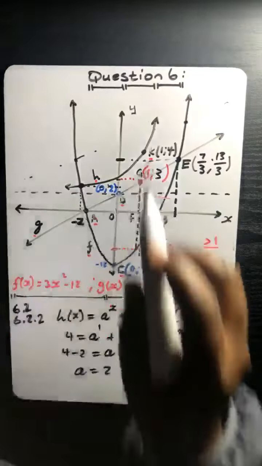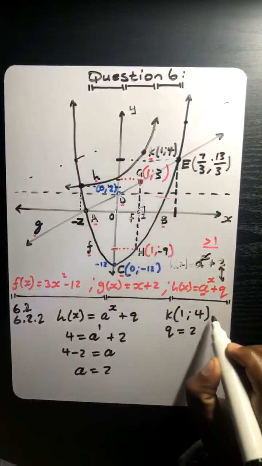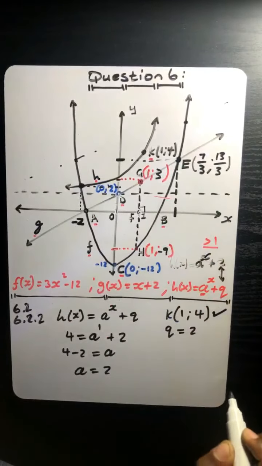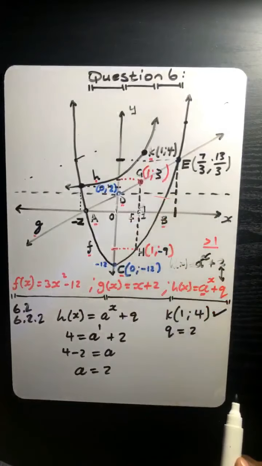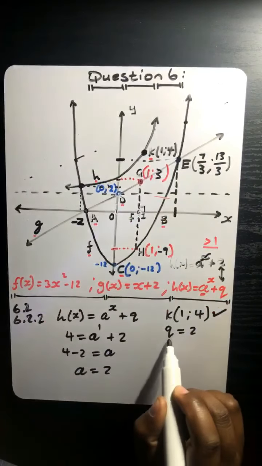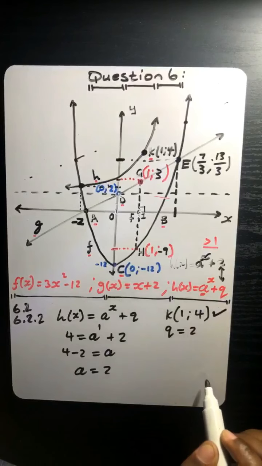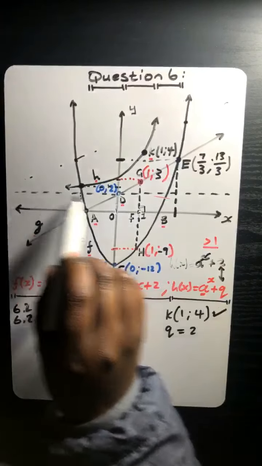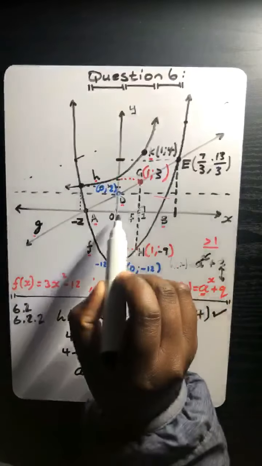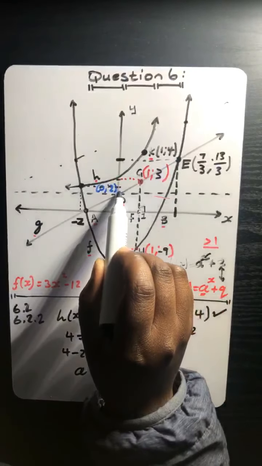In this case, it's an exponential. So already we are given a point, which is that point over there. Also we have that asymptote. So this is that asymptote. We know that it has shifted by 2 units upwards.